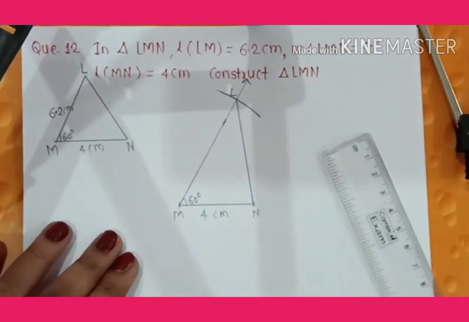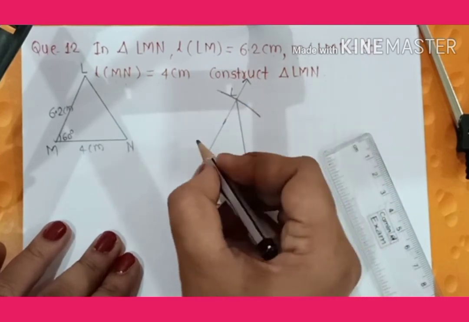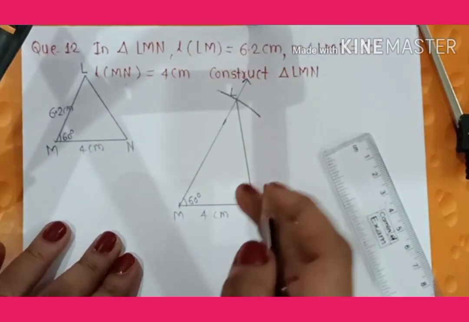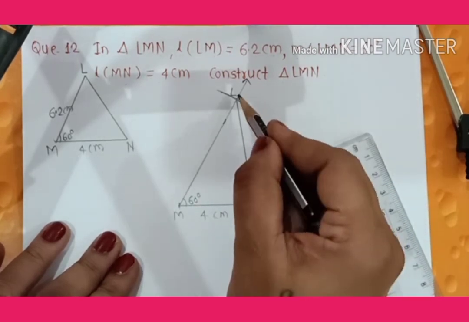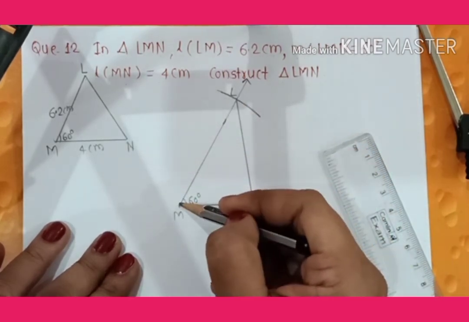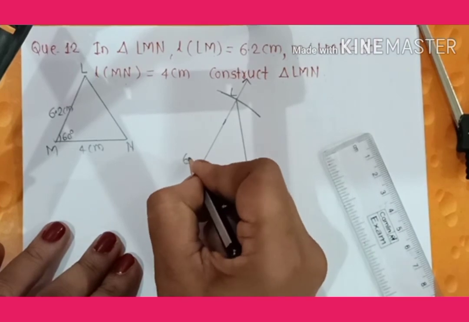Write length of the segment LM, 6.2 centimeter.